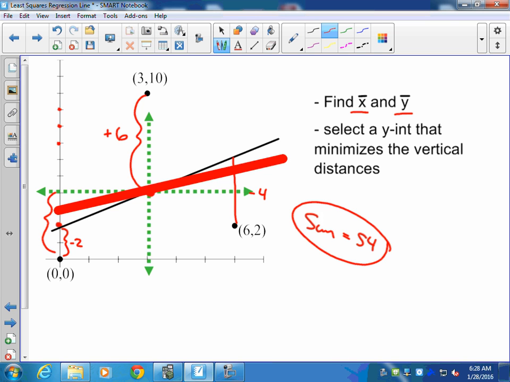But when we use our red line, then we're getting the actual values that we're looking for distance-wise, because we have a distance here of -3, distance here of -3, and then distance up there at +6 to keep that value balanced. So that's kind of the process of creating your own least squares regression line.